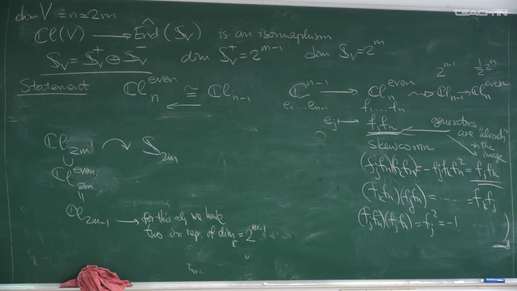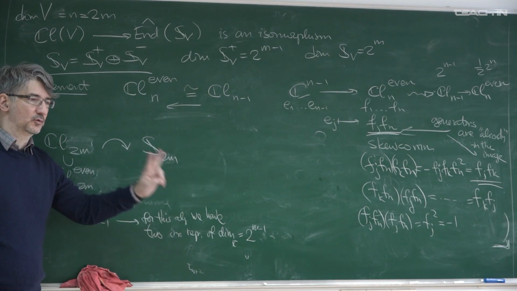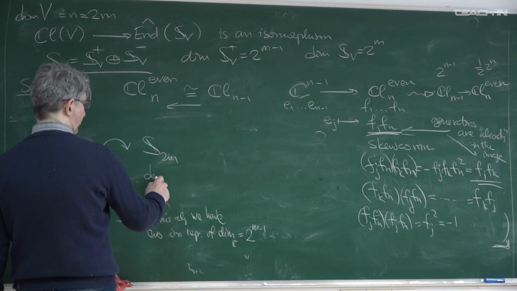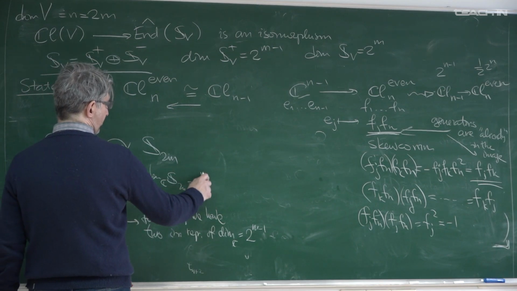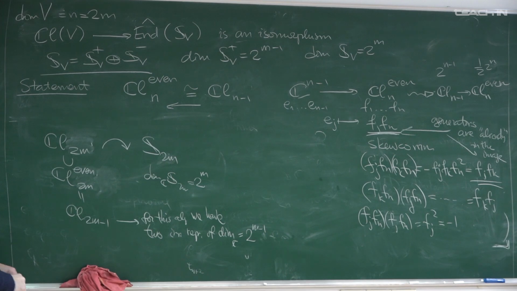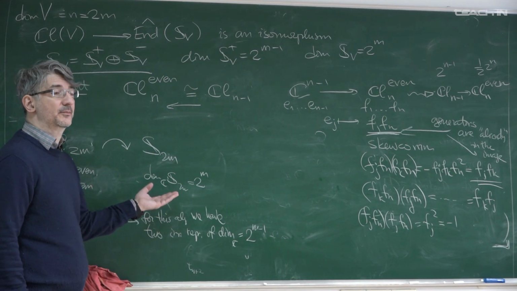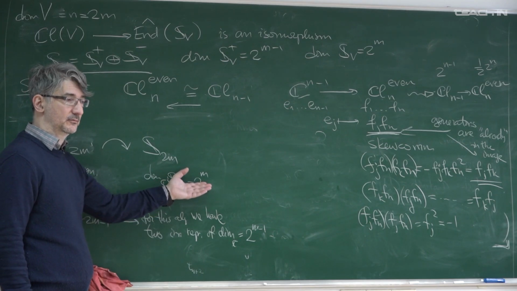Plus and minus part of S. Yes, the tricky part is that the dimension of this guy is bigger than that one, twice. So what are the possibilities? Nothing happens. All the representations are zero. Yes.